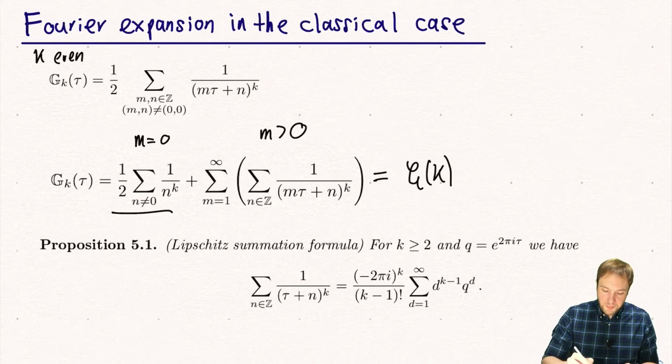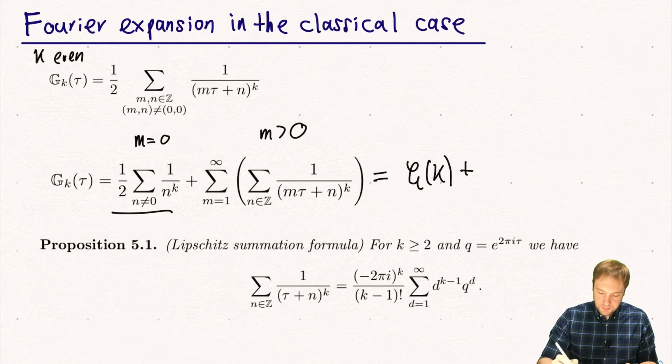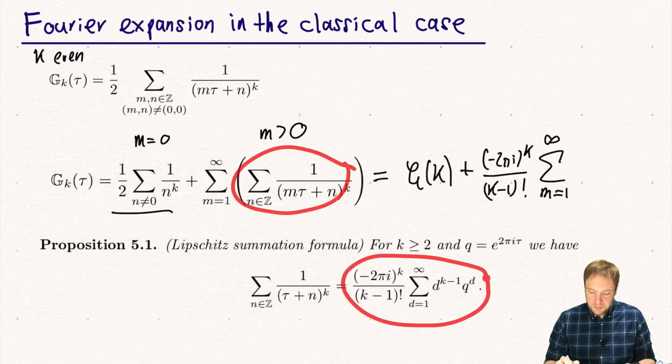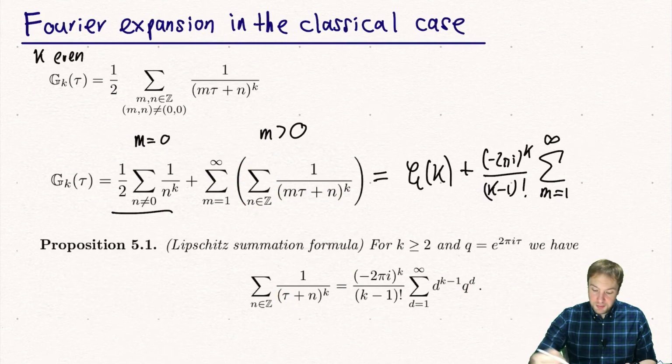So therefore, plugging this into this formula here, we get, first of all, this factor here, (-2 pi i) to the k. And then we have the sum over m. And now for this term here, we use this formula. But because we have m tau here and not just tau, we have here q to the m times d.